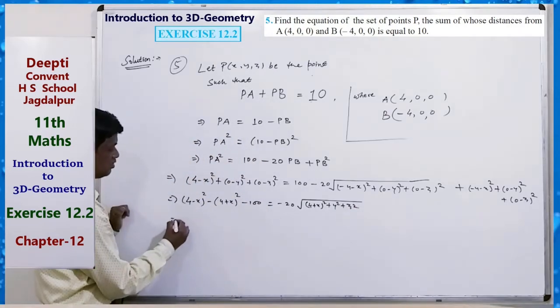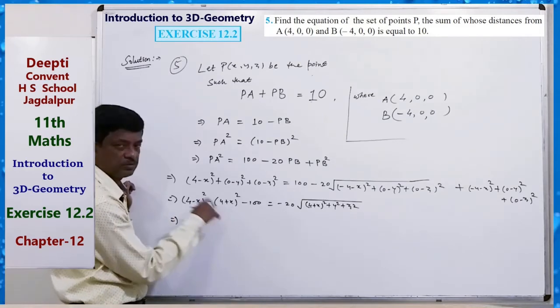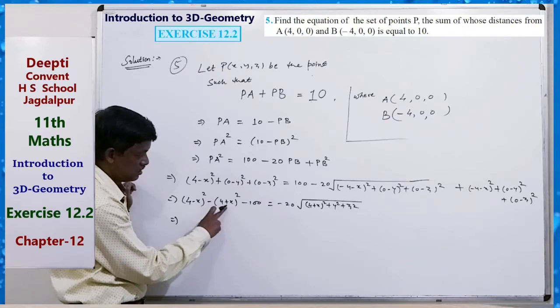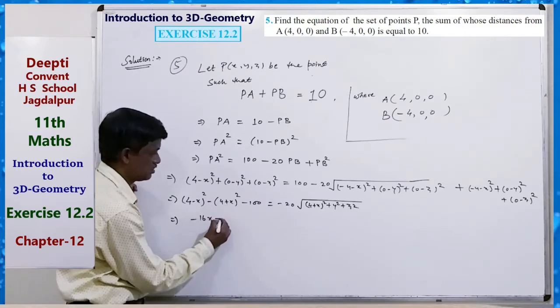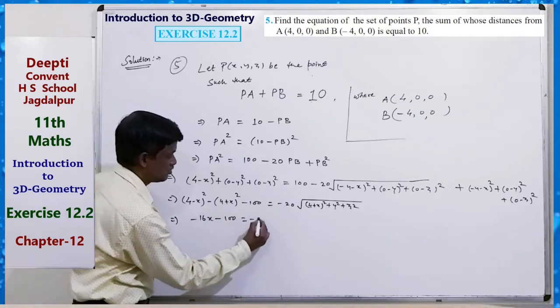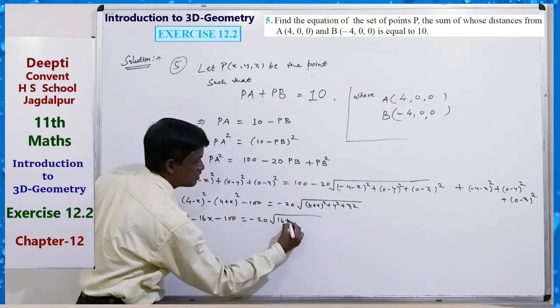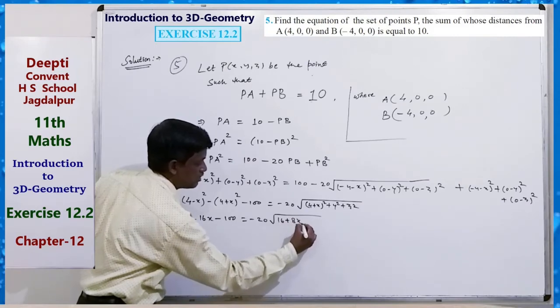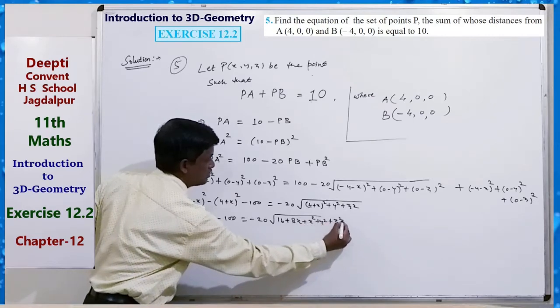Now just solve it here. 4 square, x square, cancel out. Minus 8x, minus 8x, minus 16x minus 100 equals minus 20 root over 16 plus 8x plus x square plus y square plus z square.